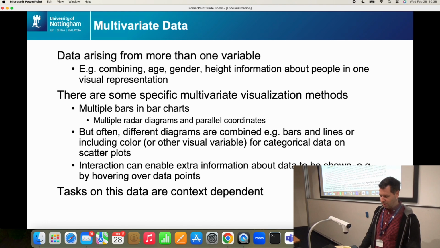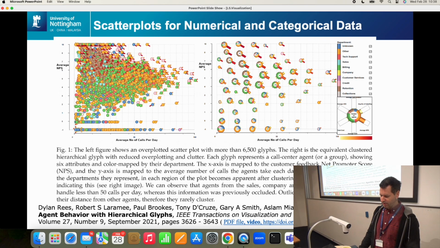This is actually also an example of a multivariate visual representation, because these are glyphs and they represent multiple variables. The variables are encoded in this glyph legend. The position of each glyph encodes the average number of calls in a day. And then the y-axis encodes another variable called Net Promoter Score.